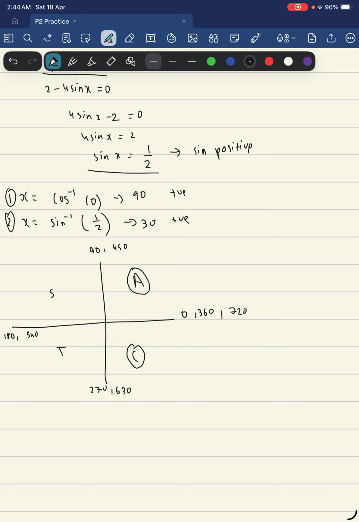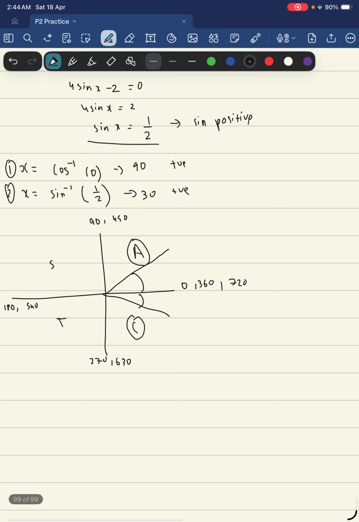Let's start solving. We've got this angle in the first round: x is equal to 90, and then 360 minus 90, which is 270. Then 360 plus 90, which is 450.